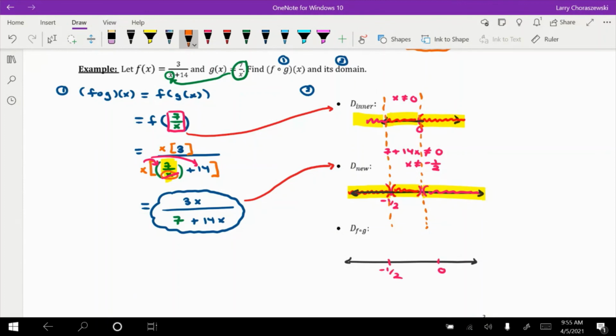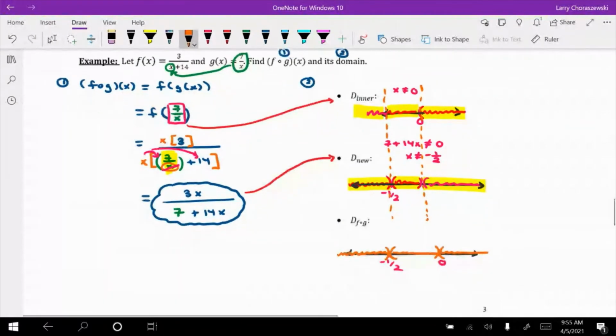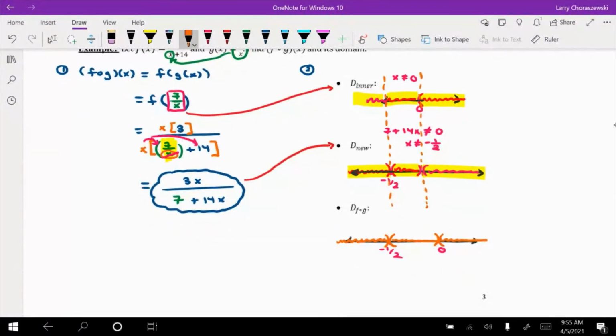So the official domain is going to be anything from -infinity to -1/2, as well as the values between -1/2 and 0, and the values that are from 0 to infinity. So we're going to get 3 parts to our official domain in interval notation. And there it is.